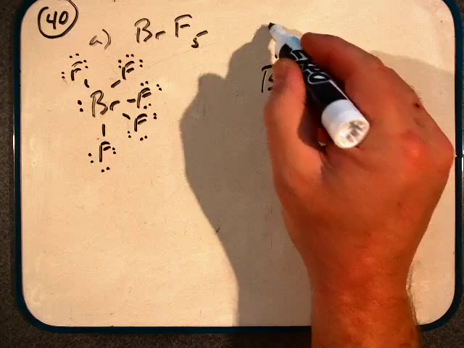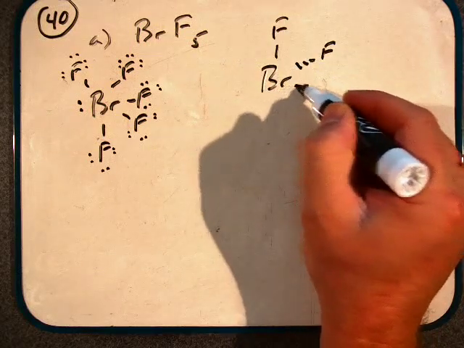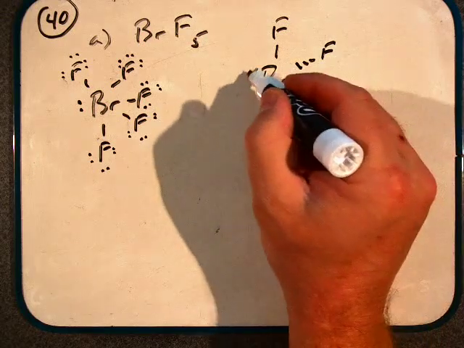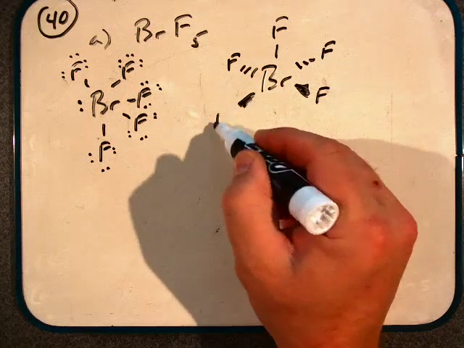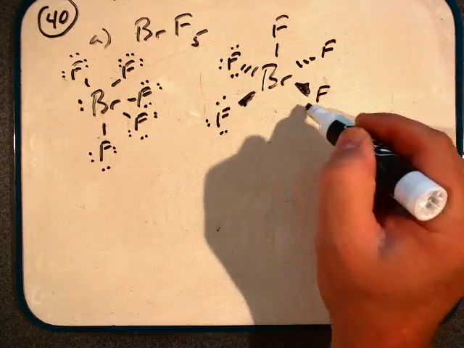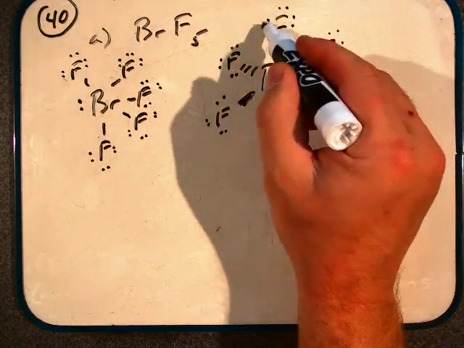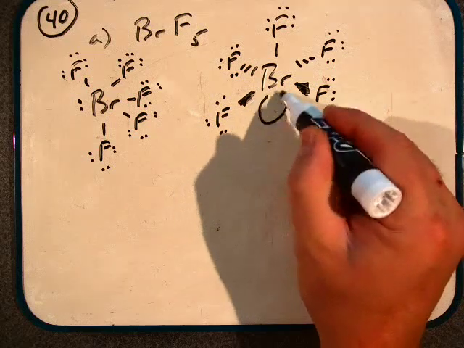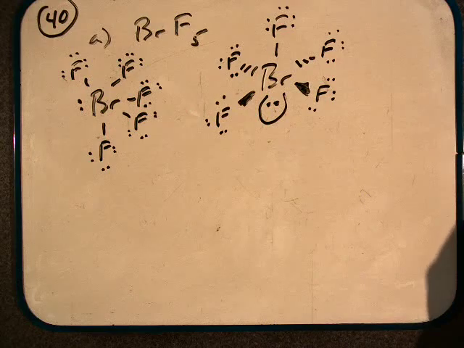So we're going to write this as an octahedral with 1 fluorine along the north axis and then the 4 other fluorines around the equator. Each one of those fluorines has its 6 lone pairs, and then we have our lone pair on the bromine in the southern pole.